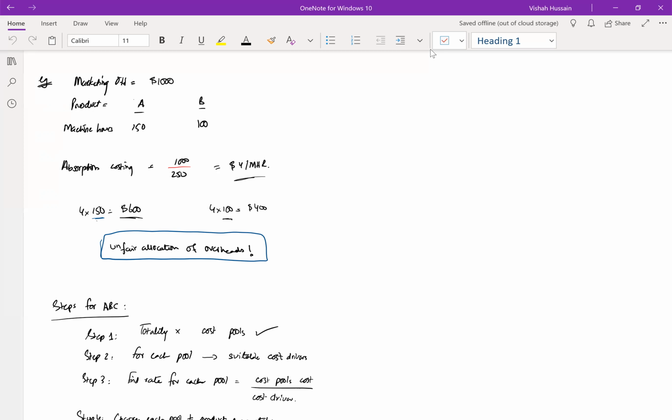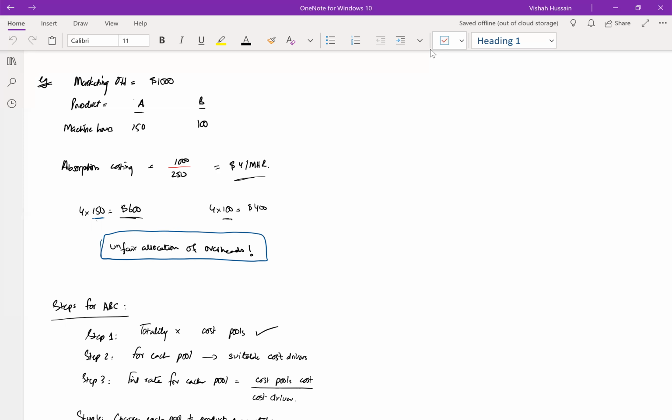Now we can say that the purchasing department and production department might be more related to machine hours. There might be a lot of usage of machines in the purchasing department and in the production department. We agree with that. But in the finance department and in the marketing department, there is more labor working. And thus, the overheads that are being incurred should be the result of those employees working in that department.